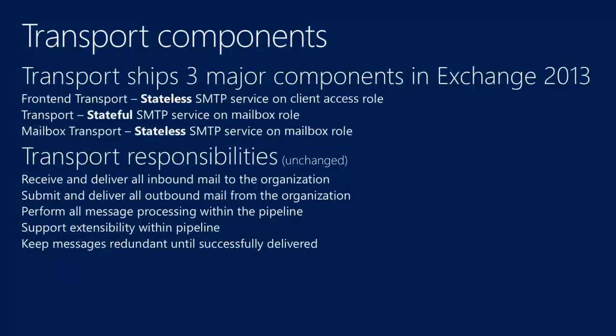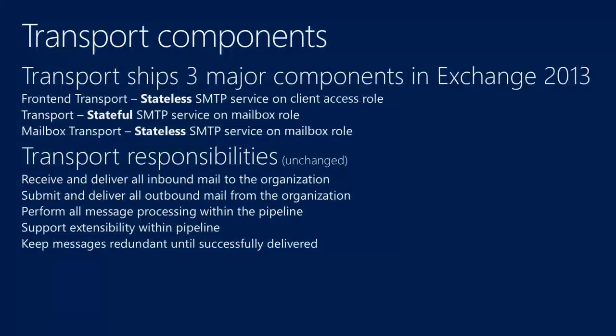So unlike the past two releases, Exchange 2013 now has three major components for transport. We looked at transport and decided we needed to break it along three key areas. First one was that we had a goal where the client access server would become a proxy.